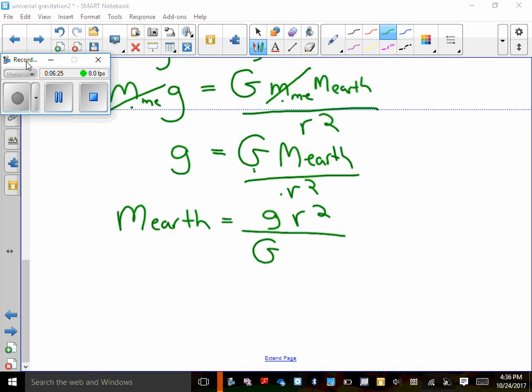We know all these values. We know little g, we know r squared, and we know big G. So now we're simply putting in those values that we know. M Earth. And I'm going to get you to look this up. I'm going to get you to pause the video. G is 9.81 or 9.8, depending on which resource you're looking at.